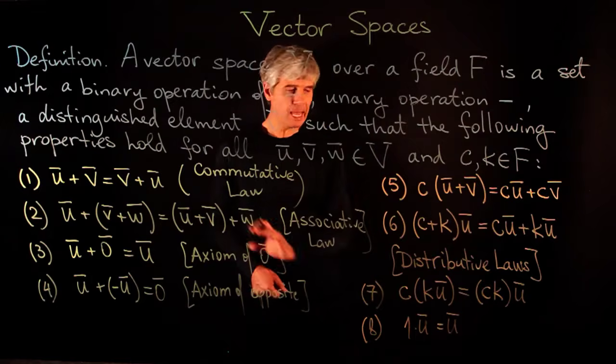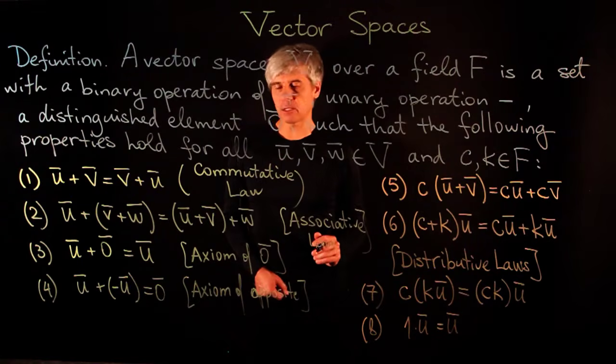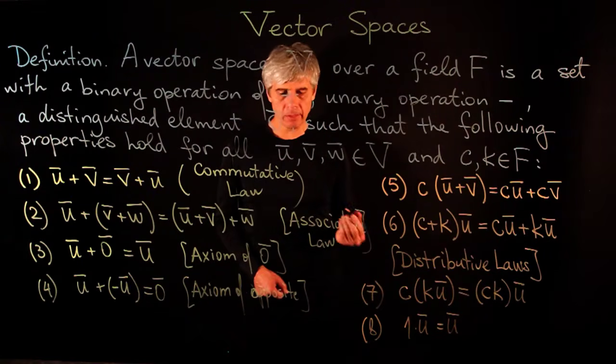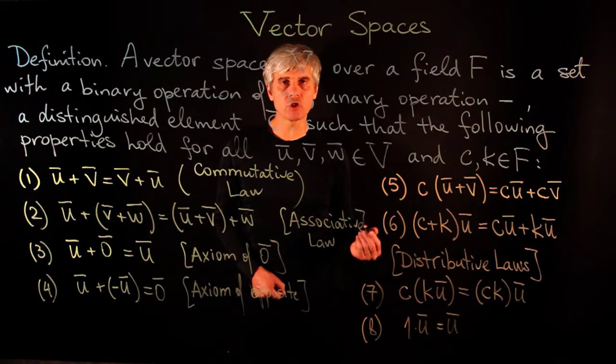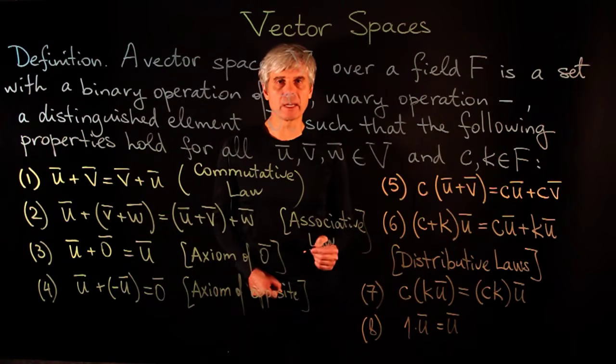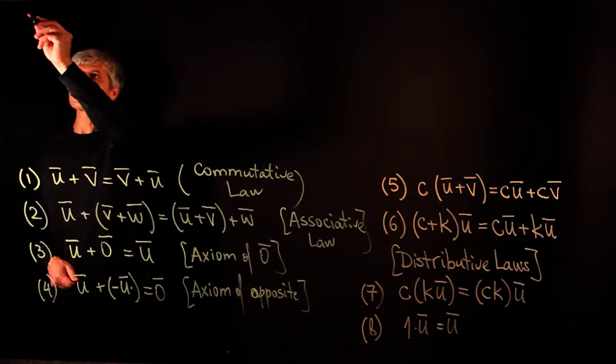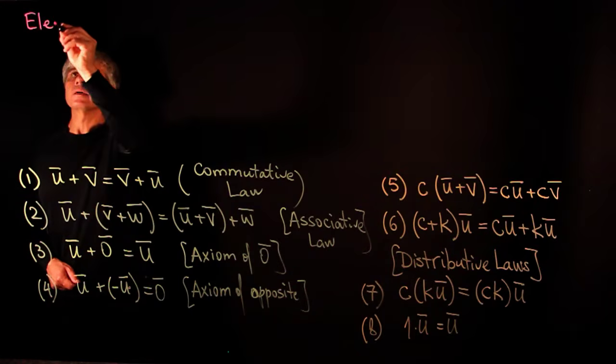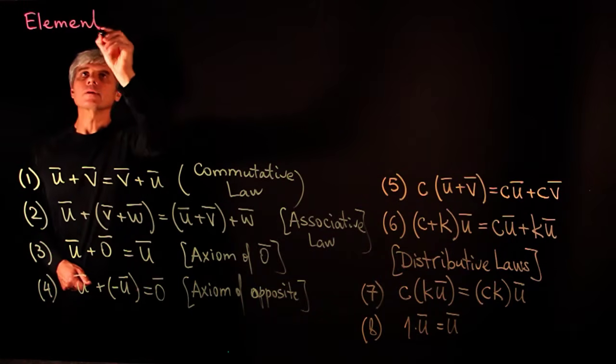These are the 8 axioms of a vector space, and they set a very rich environment for us and for the linear algebra. Elements of a vector space are called vectors.